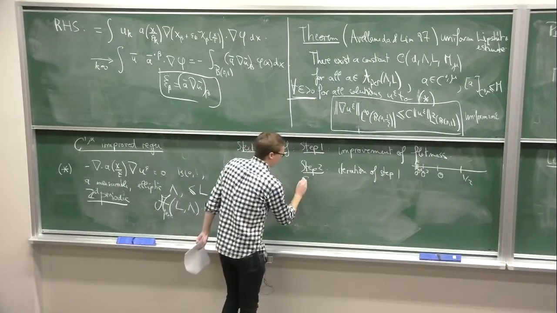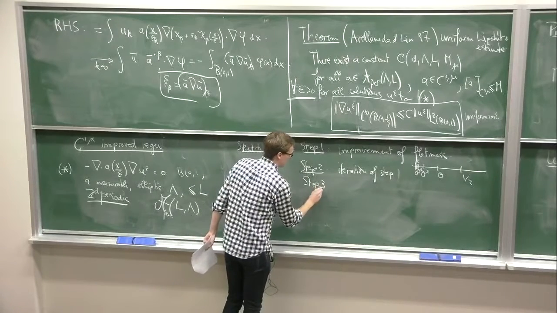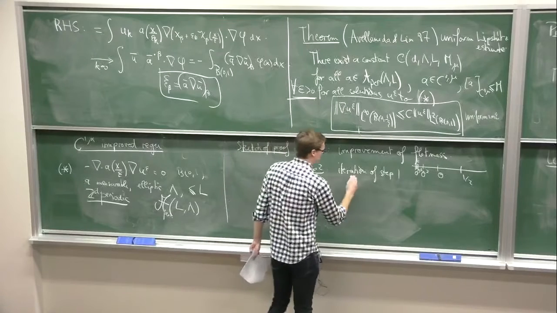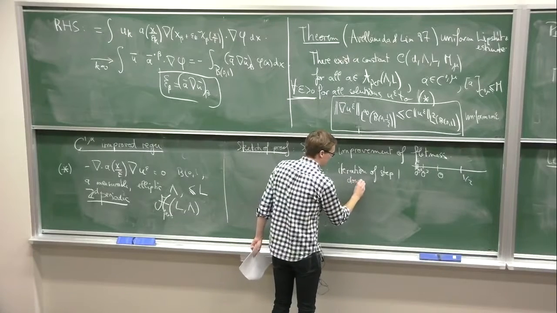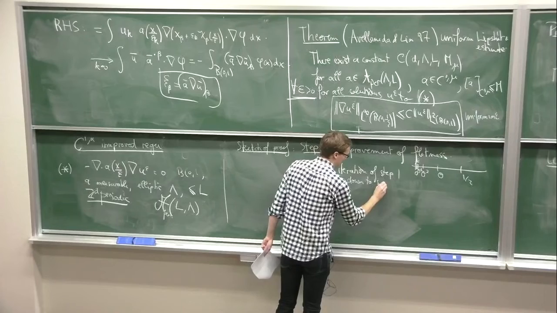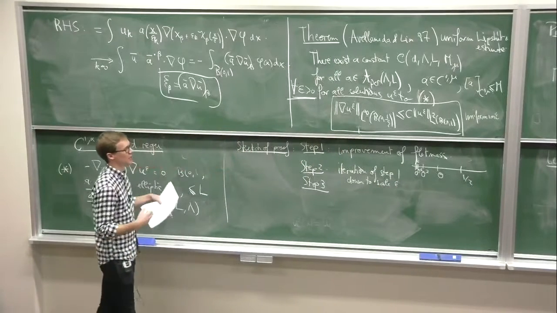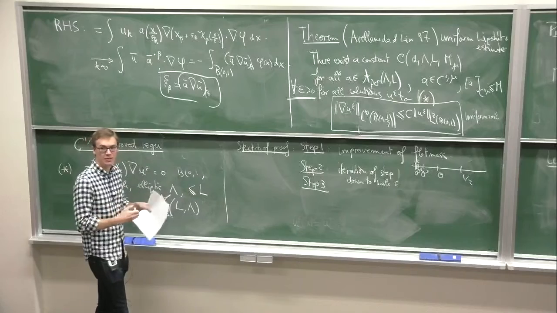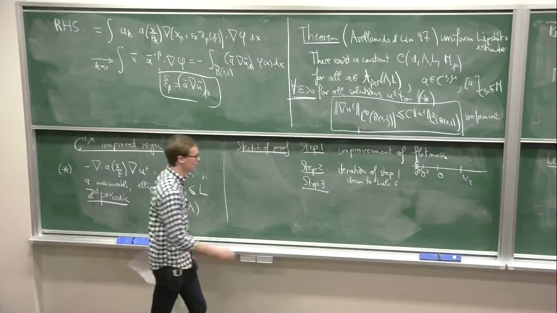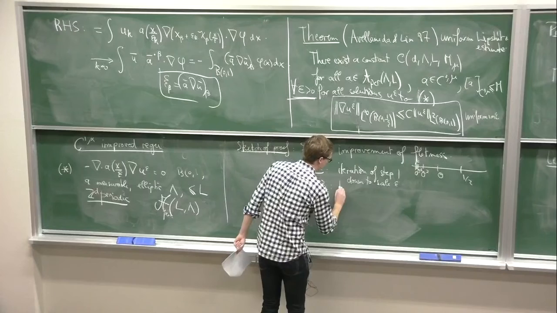And step 3, so you iterate down to scale epsilon. And step 3 is finally, below scale epsilon, you apply classical regularity. So this is the blow-up step.